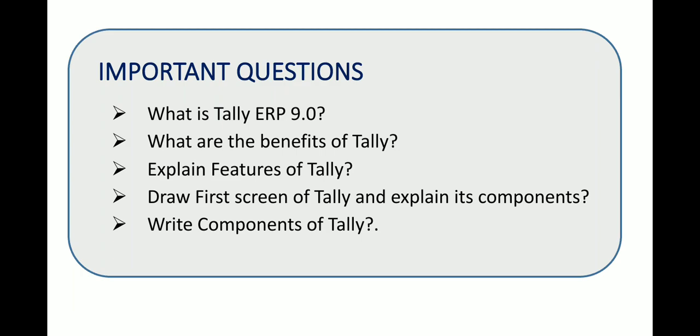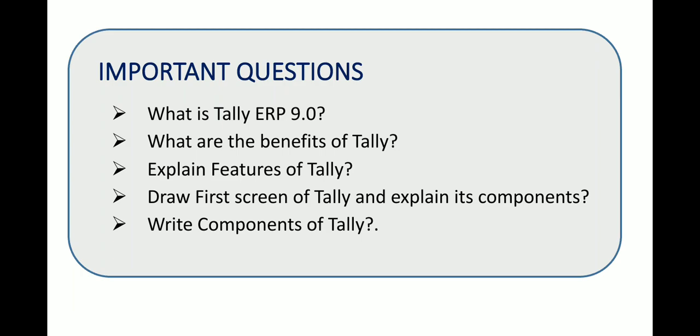Okay, now the important questions. From the introduction, you may get a 2 marks question: What are the benefits of Tally? What benefits do you get from Tally? Generally you can write the benefits, or else you can refer to the points also. Then: Explain features of Tally.